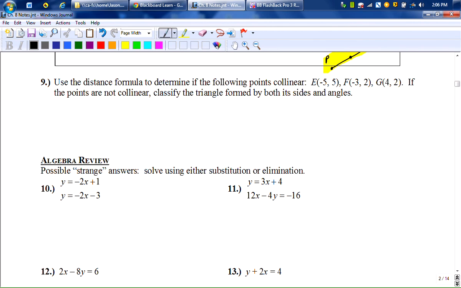So we'll attempt it on problem 9. We'll find all 3 distances.